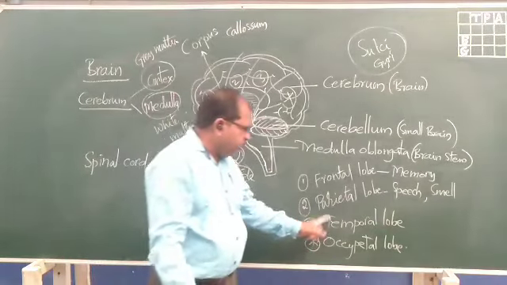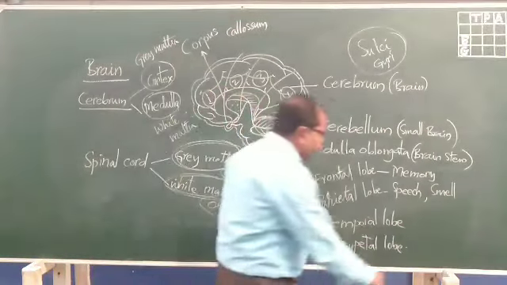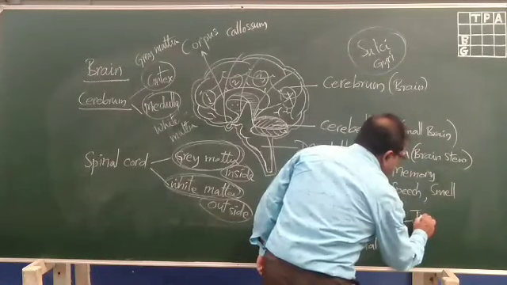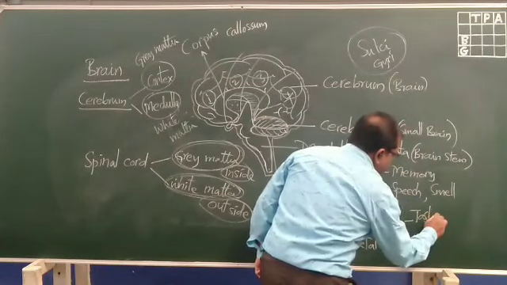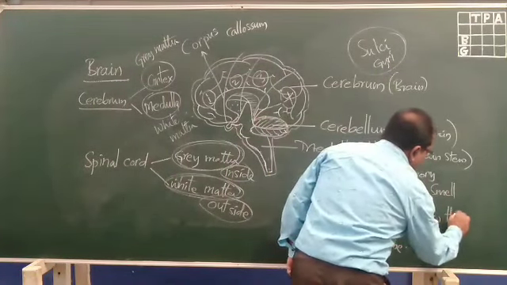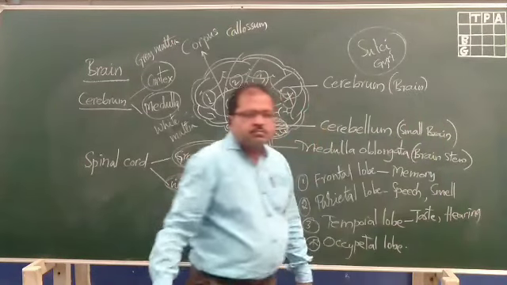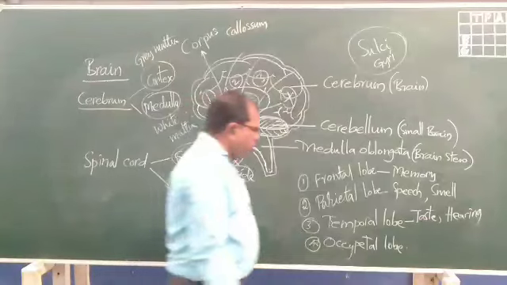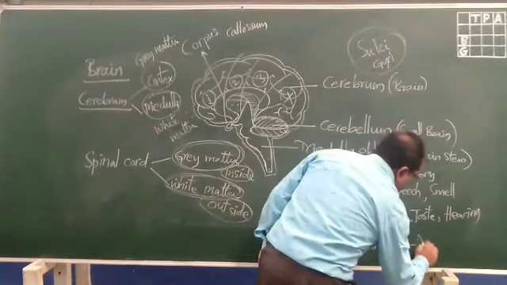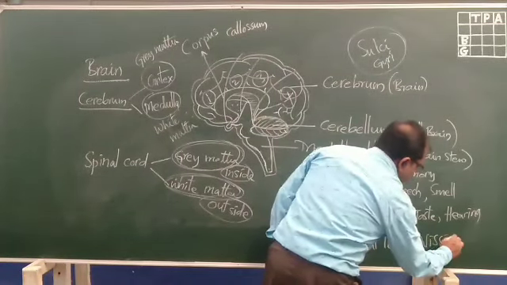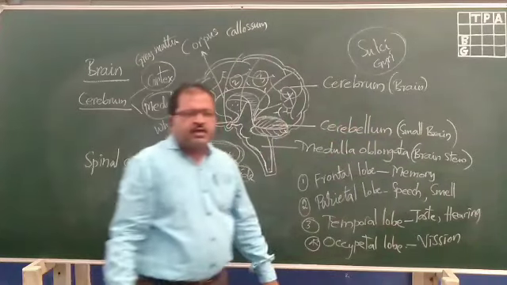The next one is the temporal lobe, which is for taste and hearing sound. Whereas the occipital lobe is for vision. Here the 4 associated centers are presented.